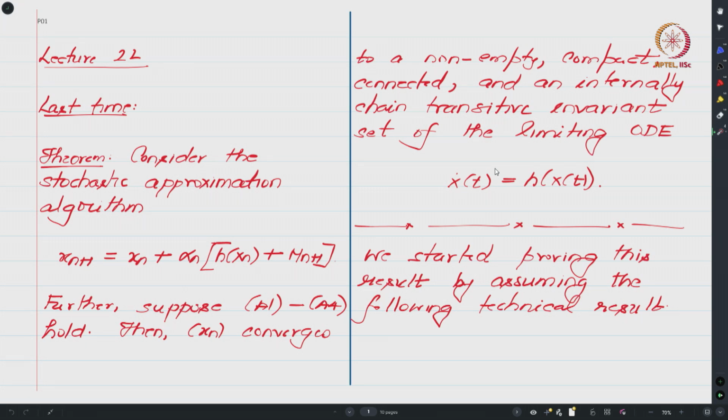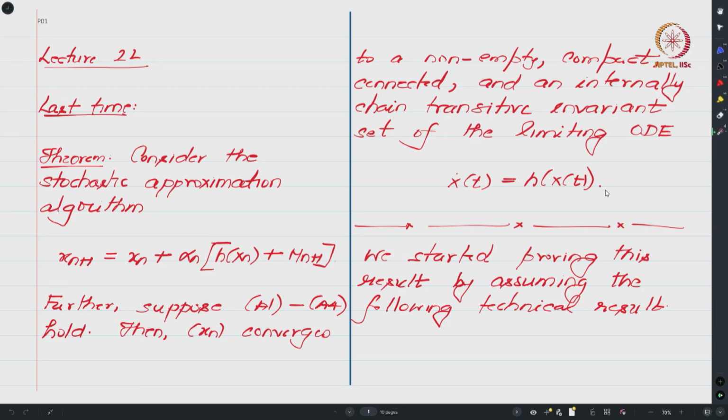And again I would like to highlight that this is a stochastic algorithm, which means the iterates that would be generated on different runs of the algorithm are going to be different. However, the limiting ODE is the same across all these runs.